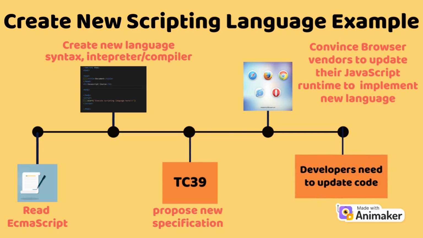Microsoft has failed with JavaScript and VBS, and Google also, I think, failed with Dart. So you must have understood that JS will stay for a longer time. With this example of how to create an alternative language to JavaScript, you might have understood the differences between EcmaScript and JavaScript, and how exactly JavaScript works in the browser.